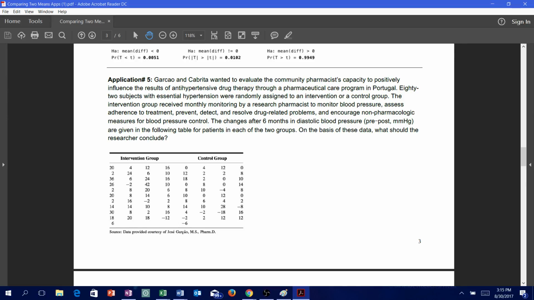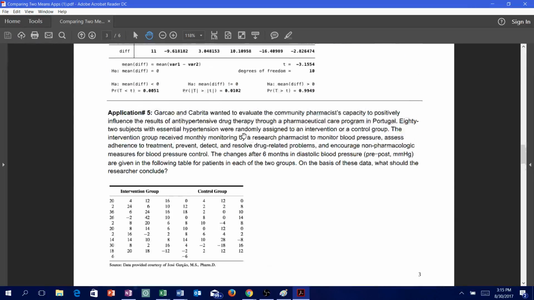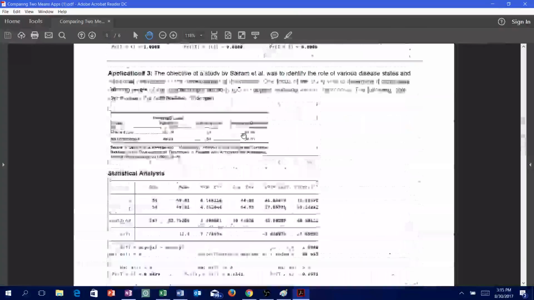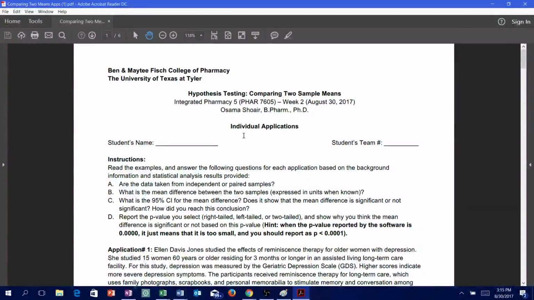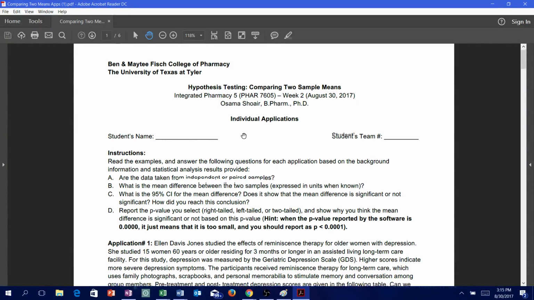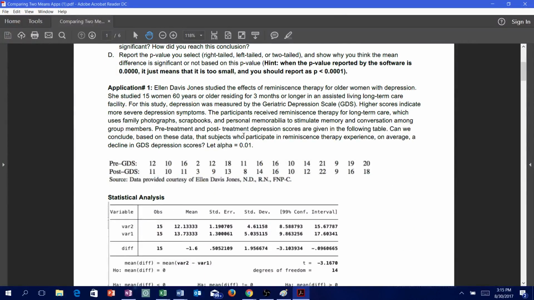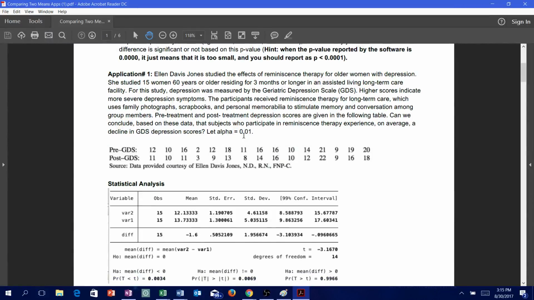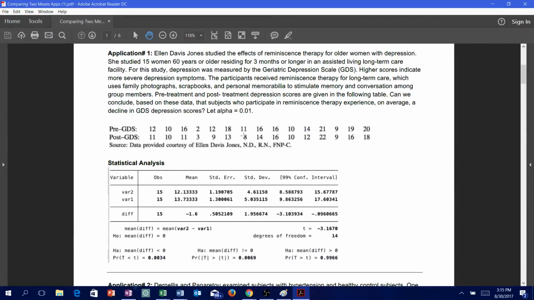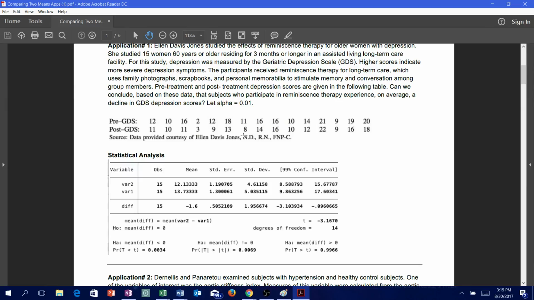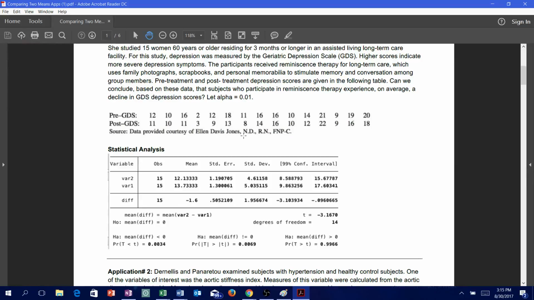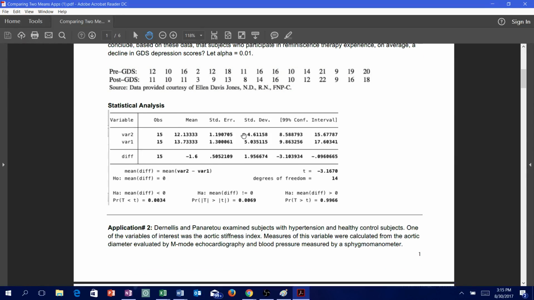Okay. It's saying there's a difference between the two means.